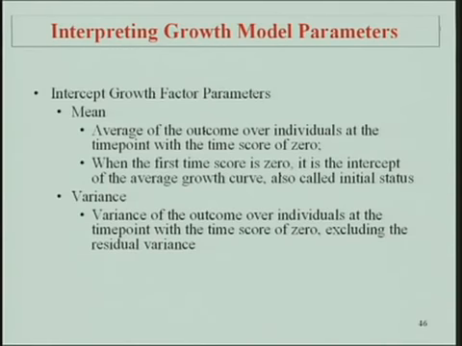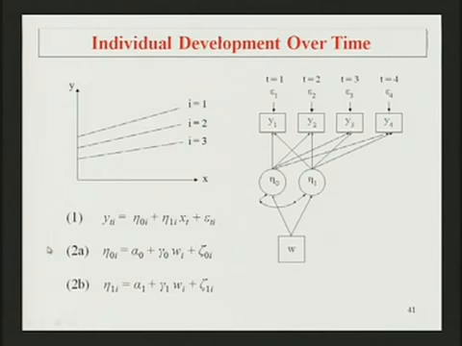So how much do kids vary at grade 7 over there on the left? What variation do you have? That's the variance of the intercept, if you chose the time score to be 0 for the first time point. Then the variance of eta 0 is the heterogeneity among people at the starting point. This quickly becomes very easy for you, I promise.